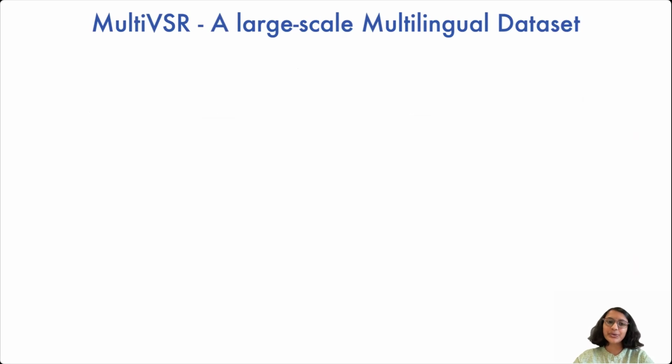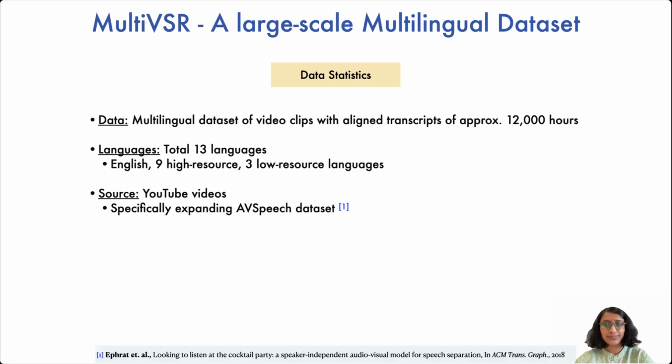Let us now closely look into our new dataset, MultiVSR. MultiVSR includes English plus 12 other non-English languages. Among them, we have 9 high-resource languages, meaning the amount of data available in these languages is over 200 hours per language. The other 3 are low-resource languages, where around 100 hours of data is available per language.